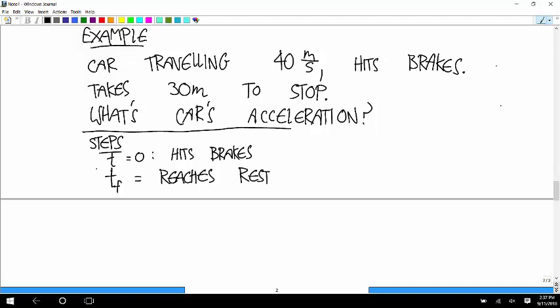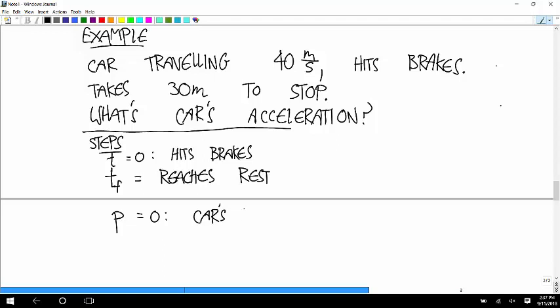So, okay, what do we want to call our position equals 0, our reference position, our reference location? Someone chooses 1.5 miles away, because then we'll have to convert to meters and everything. Okay, so yeah, let's say position equals 0 is the car's location at our time equals 0.